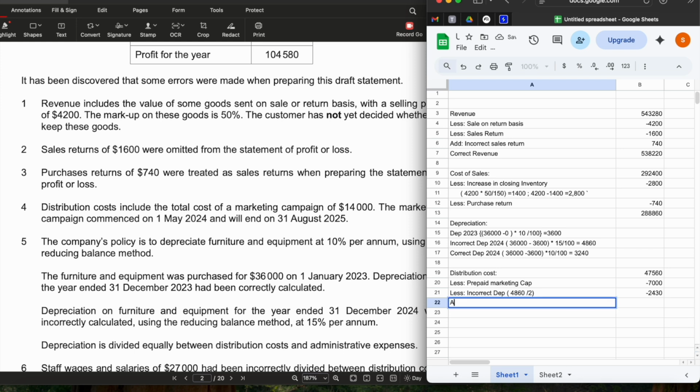And then I will add the correct depreciation amount. The correct depreciation amount is 3,240, which we calculated out here, and this is also equally divided between these two costs. So that is 1,620.